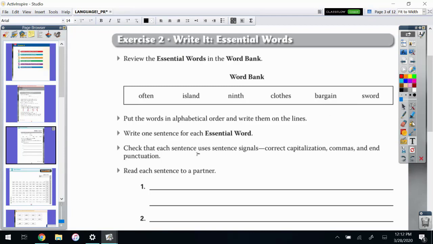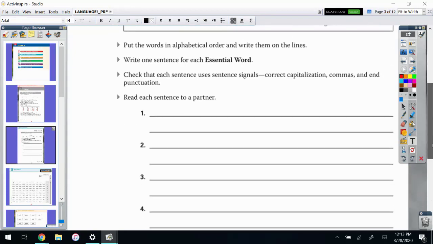Put the words in alphabetical order and write them on the lines. Write one sentence for each essential word. Check that each sentence uses sentence signals, capitalization, commas, and end punctuation. Do this now. When you turn in your work, I'll check and see that you have done this correctly.